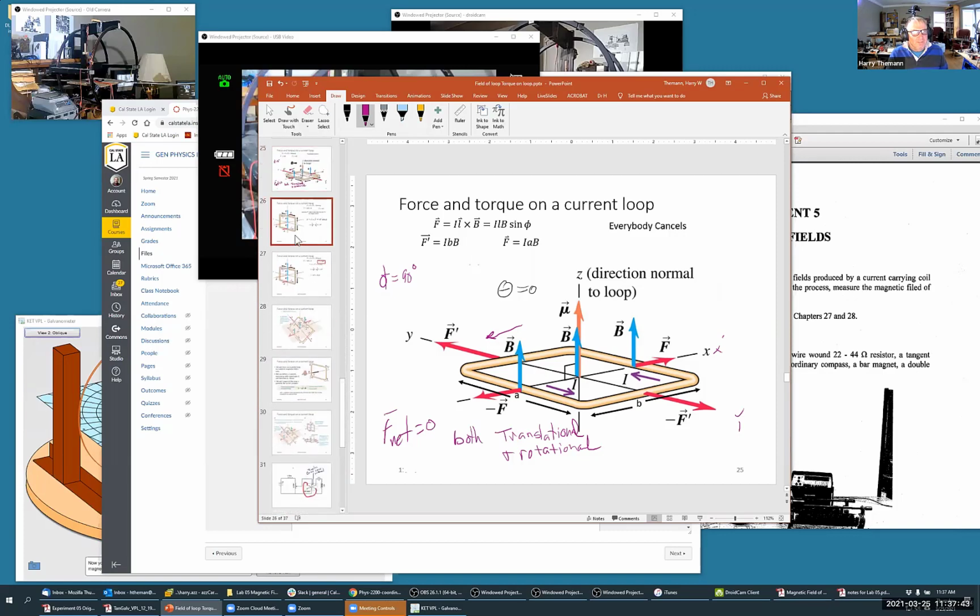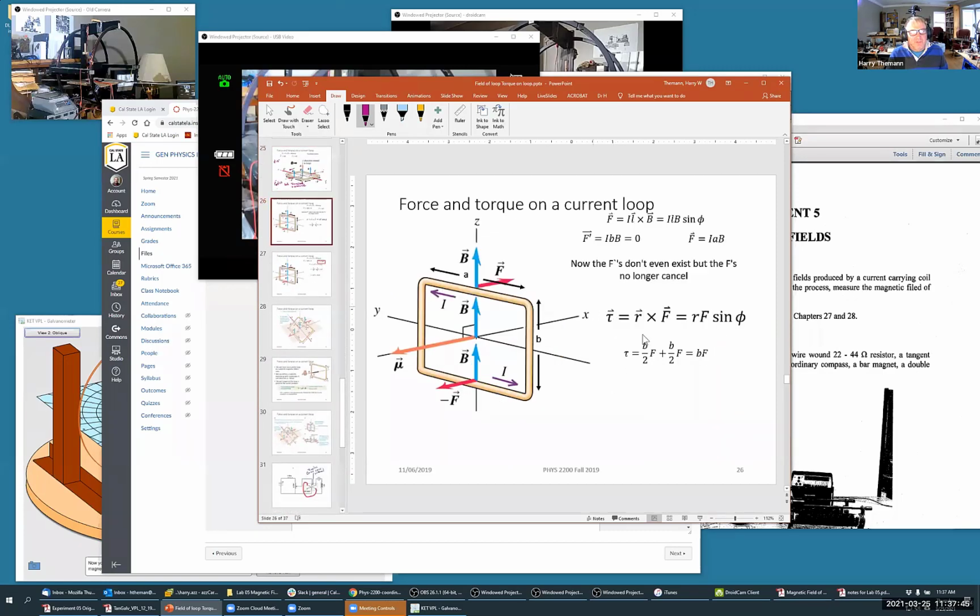So then if we go to the other extreme, where now theta is equal to 90 degrees, in the case of F prime, phi prime is equal to 0, but phi is still equal to 90. In fact, it always equals 90 for this.